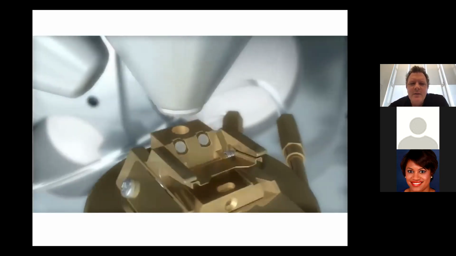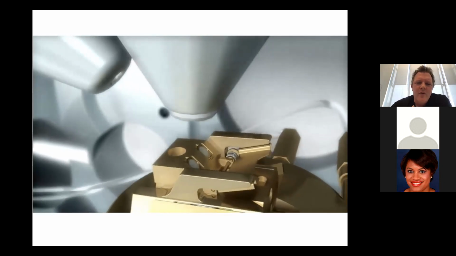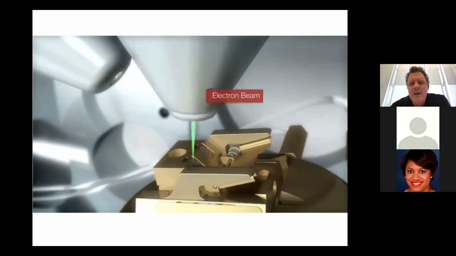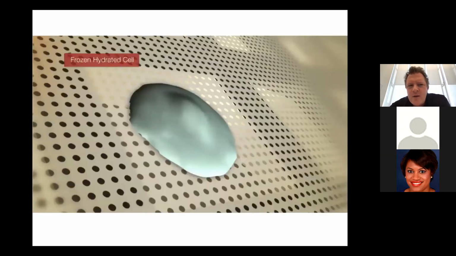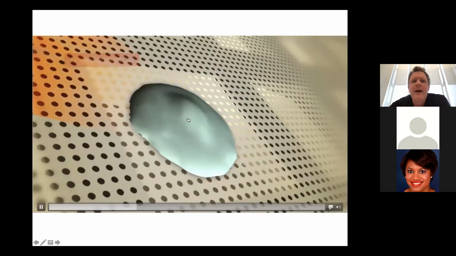And then we tilt the whole cell and the whole grid to an angle such that we can actually shave both above and below the cell and generate this lamella or lamellae, plural, of sort of a window into the cell. So this is still frozen, still hydrated.